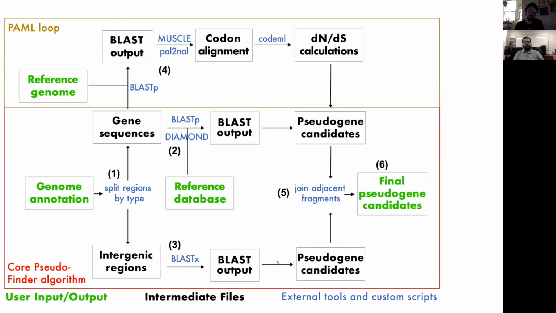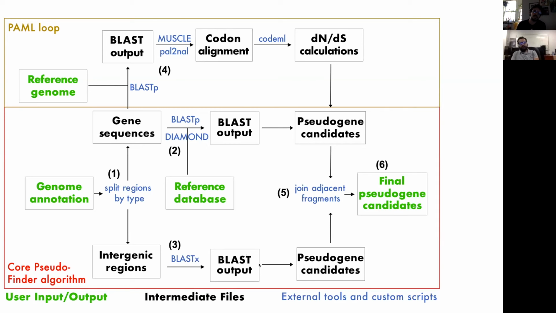This is a highly customizable pipeline. For example, if you have an intergenic region that's 30 base pairs long or 29 base pairs long, you can add a flag and tell it to not search anything that short. Or if you suspect that you might see some remnants of pseudogenes in really short intergenic regions, you can lower the threshold, and then PseudoFinder will also BLAST the really short regions.